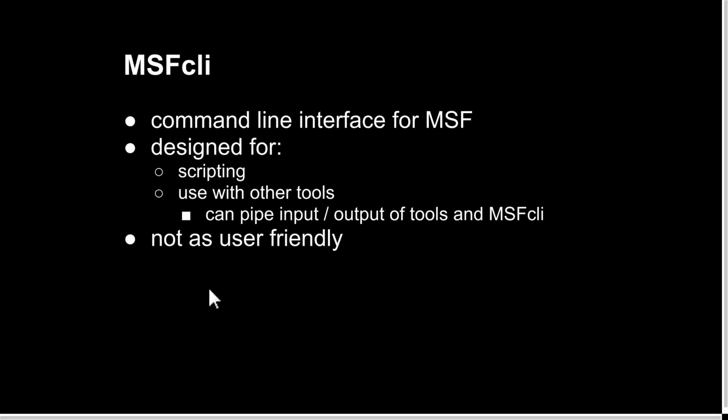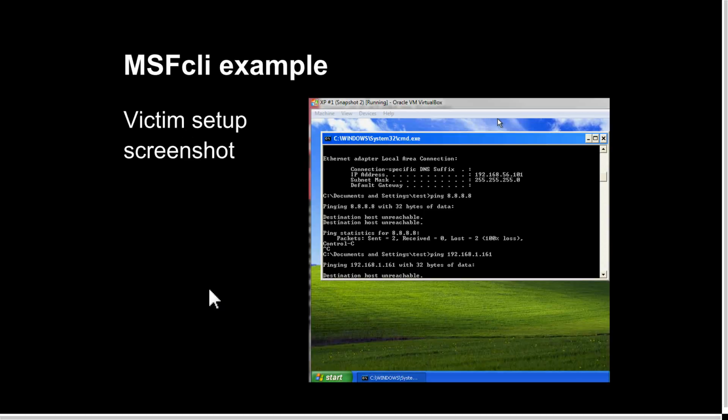And early on, it was designed mainly to allow more functionality and compatibility with other tools that perhaps weren't integrated in some manner to the framework or in a friendly way. So you can basically command line style pipe input and output between things. So it's not as user-friendly, but it still works.